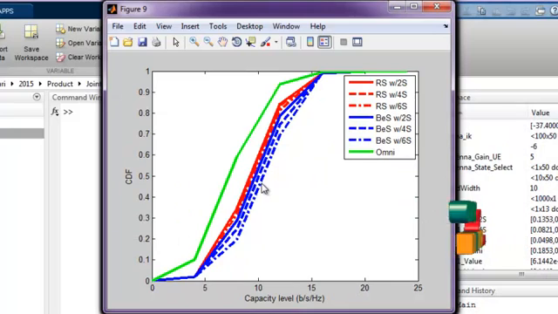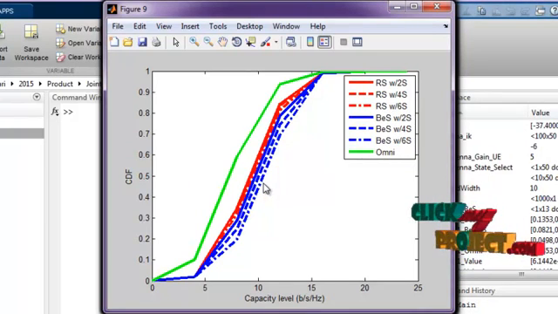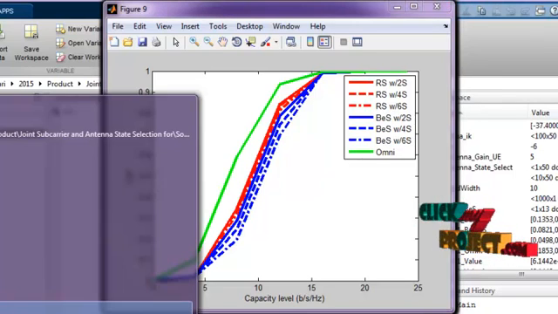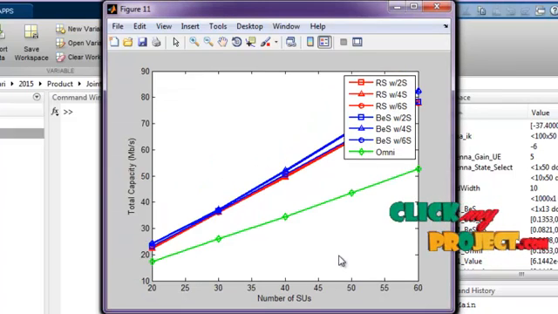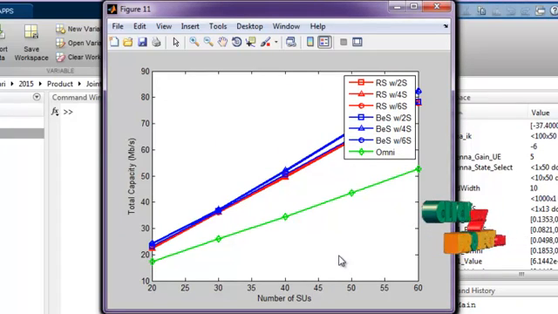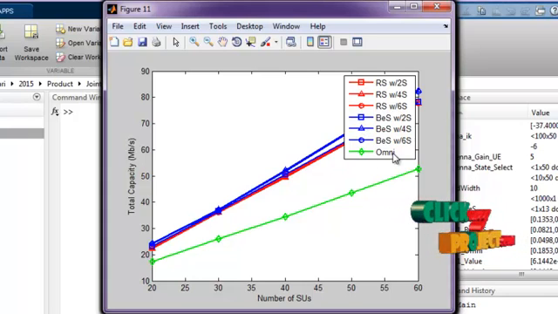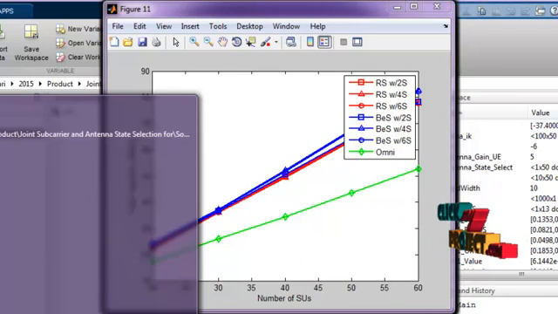And this is the graph of the CDF response for various capacity levels. And this is the total capacity result by varying the number of SUs. Here we also show the total capacity result for RS, BS and the omnidirectional antenna.